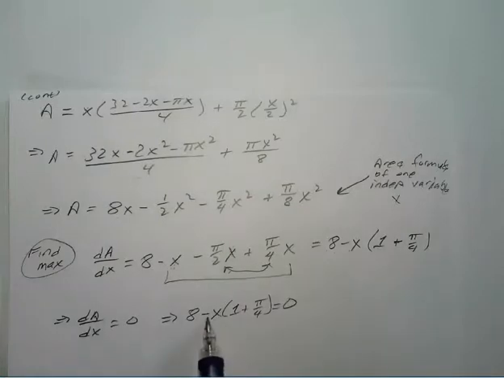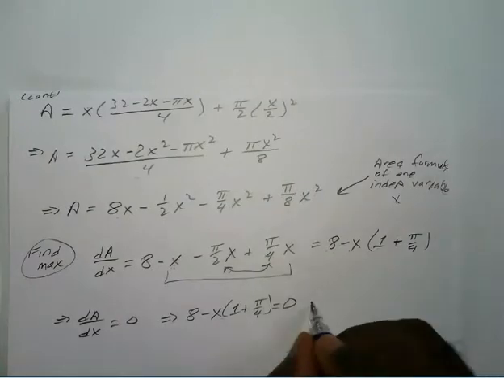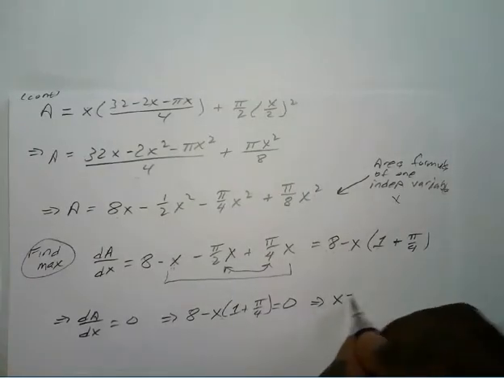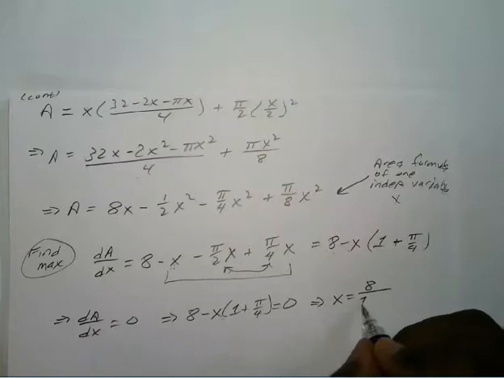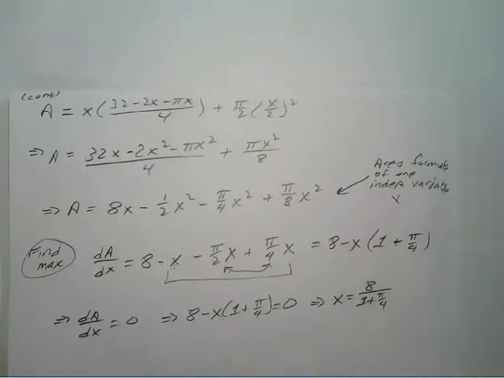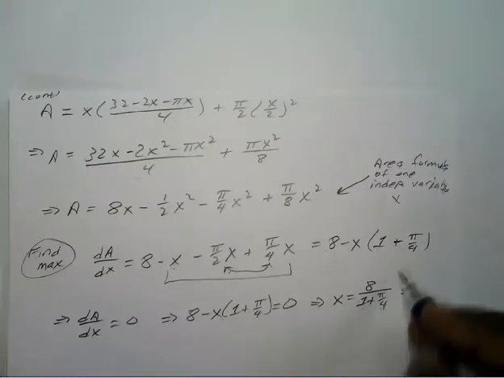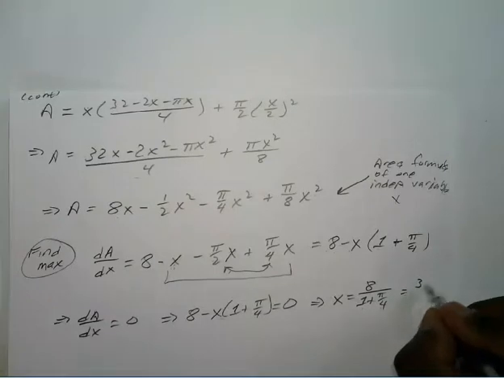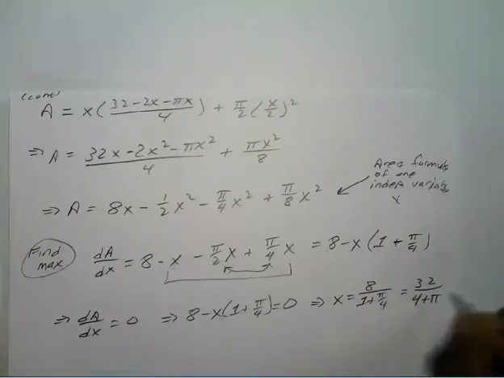Okay, so if we add x times 1 plus pi over 4 to both sides, we know that x can equal 8 over 1 plus pi over 4, which if you simplify it by making the 1 into 4 over 4, having just 4 plus pi over 4, then multiply the numerator and denominator by 4, that will cancel out, and that will end up giving you 32 over 4 plus pi.